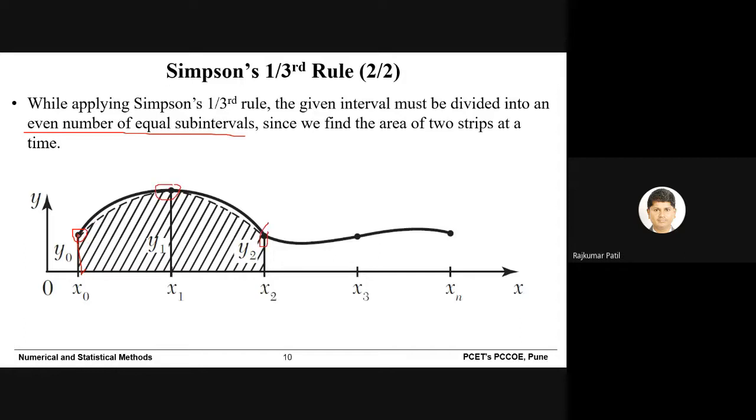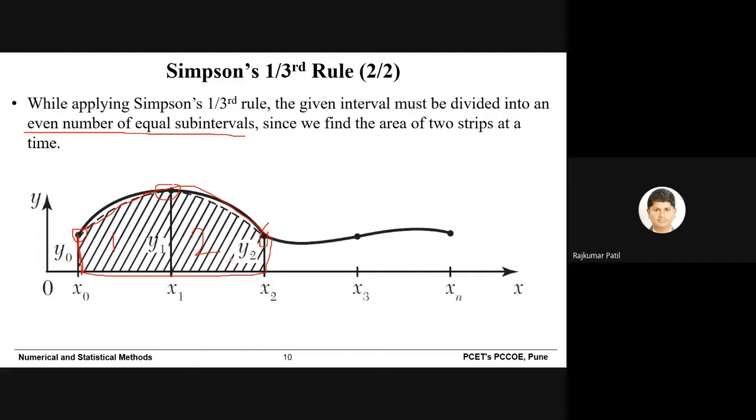Means we are considering 2 trapezoids, we can say. That is, this is the first part and this is the second part. So that's why the whole area needs to be divided into even number of sub intervals.